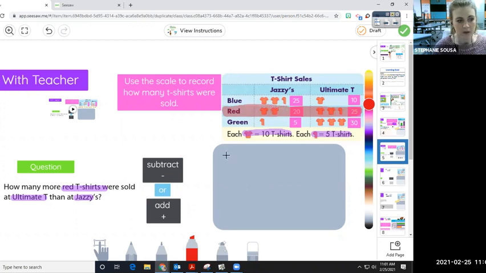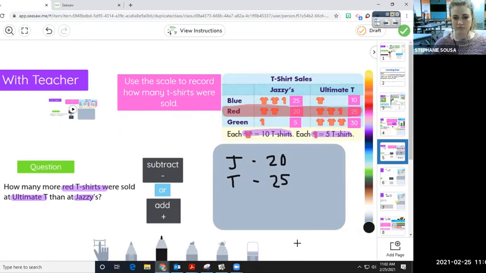I can add or subtract in this instance. I'm going to record my information. At Jazzy's, there were 20 shirts. At Ultimate Tees, there were 25 shirts.